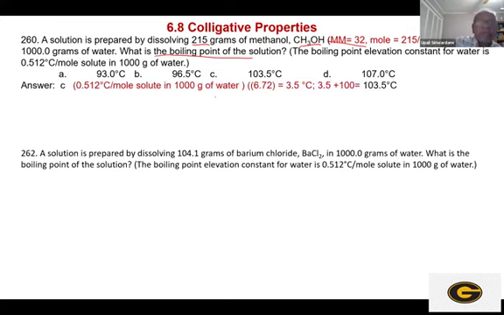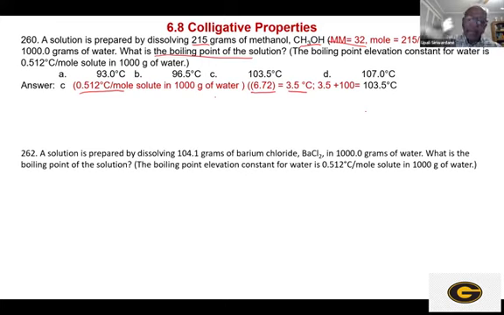Similar to the freezing point depression calculation, boiling point elevation is number of moles multiplied by 0.5, giving 3.5.